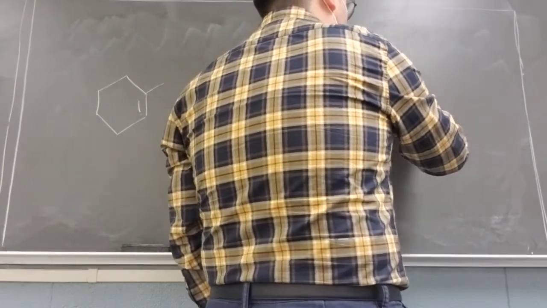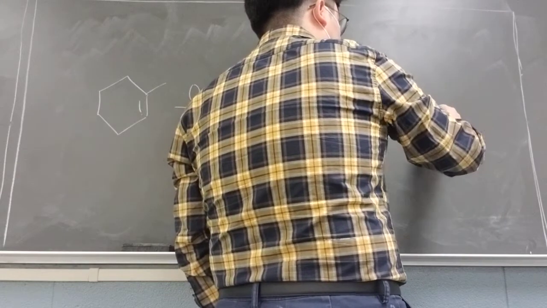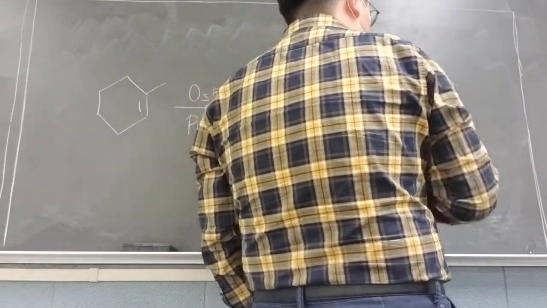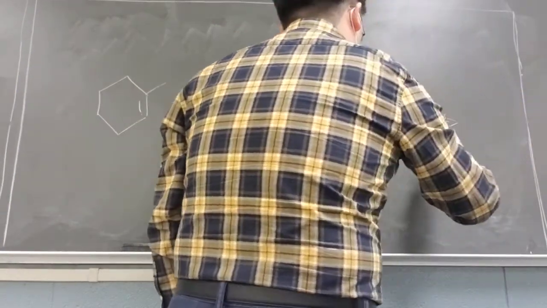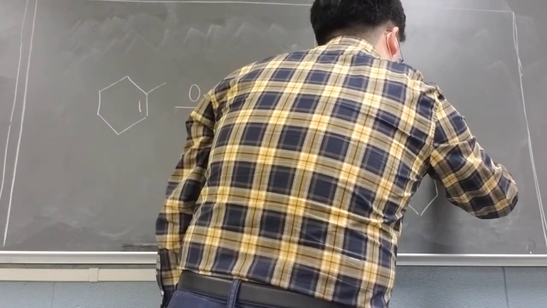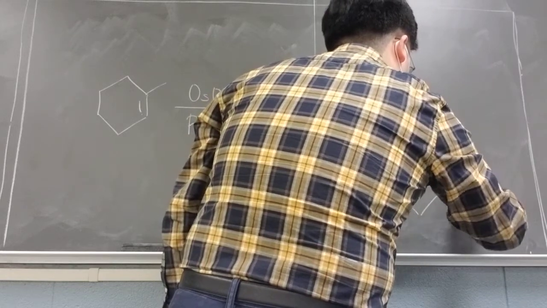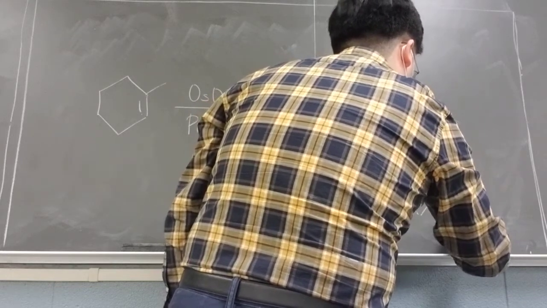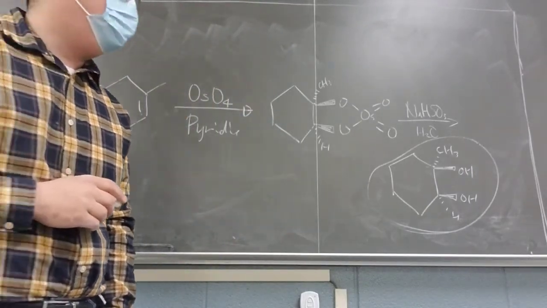So then you can treat it with the sodium sulfite with some water, but we can assume already the water is there. So then eventually this like a cis-diol compound.